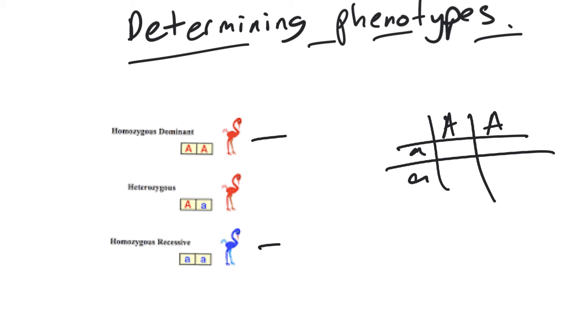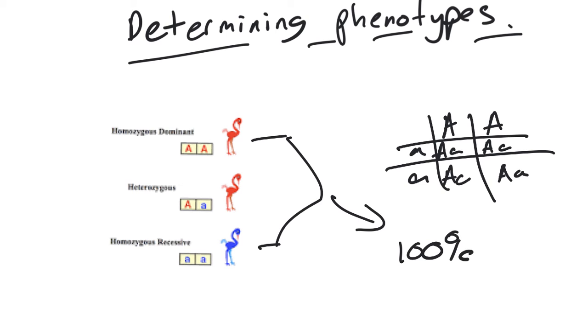Then all you do is you combine them. So big A, little a, big A, little a, big A, little a, big A, little a. So what I would have from this genetic cross, if I had these two parents combining, would be 100% of the offspring would have pink coats. However, they are all 100% heterozygous.